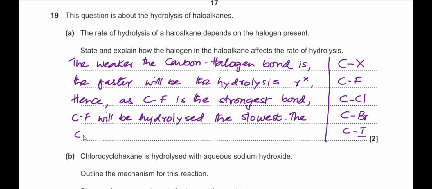The carbon iodine bond is the weakest, and its rate of hydrolysis will be the fastest.